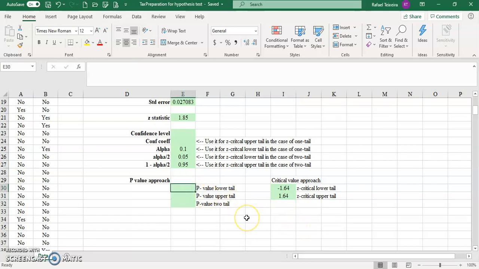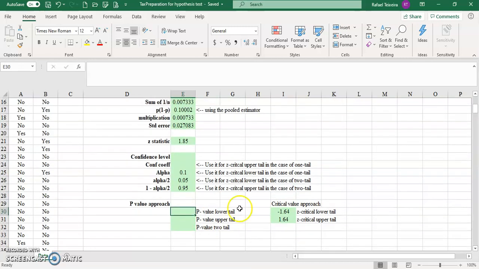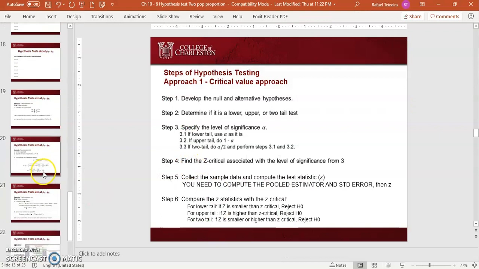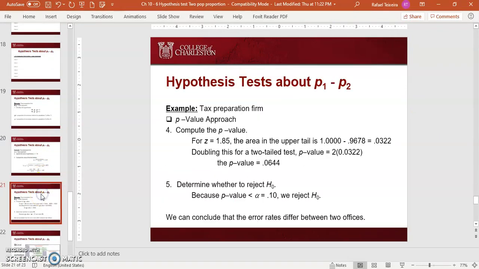Now the p-value in the lower tail. Now using the p-value approach. I got the z-statistic. Now I have to find the p-value associated with this z-statistic in the lower tail. Remember we did that. We have this on the slides. We have here on the slides. Okay.